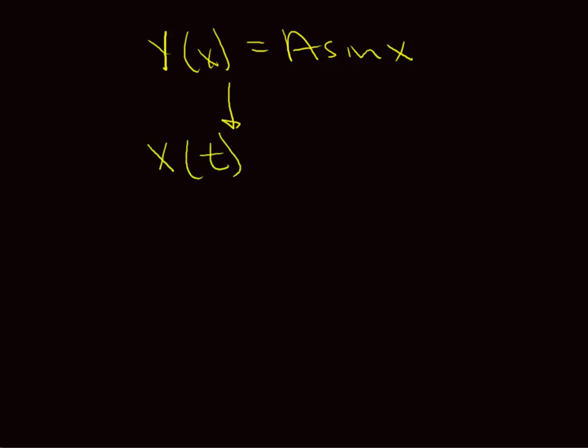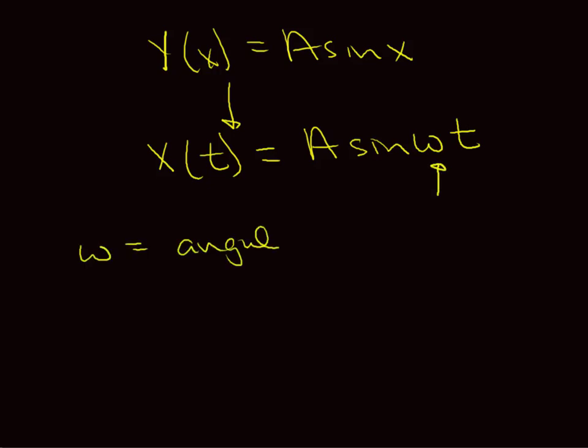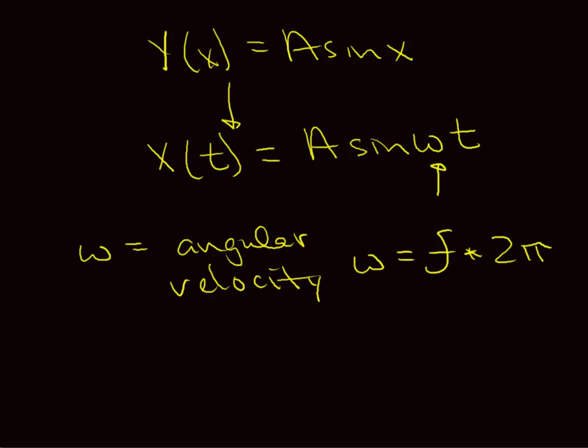And so we have some function with respect to time, a sine omega t. And you'll recall that this is the same sort of function that we would use for a sound wave or light. And omega right there is our angular velocity, and the angular velocity is equal to the frequency times 2 pi.